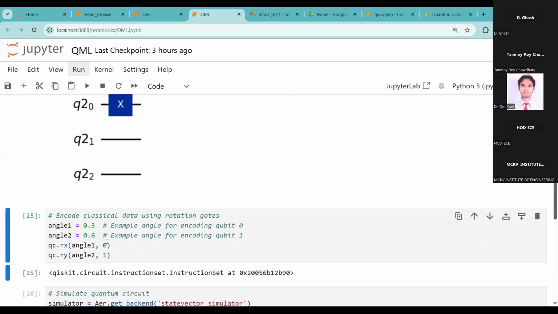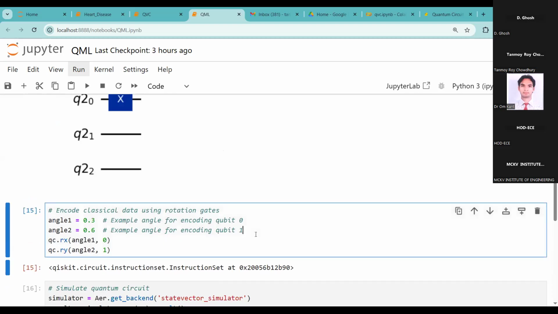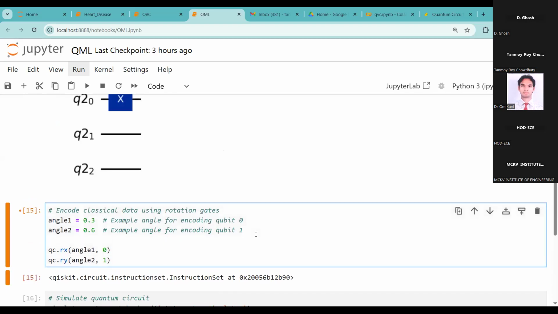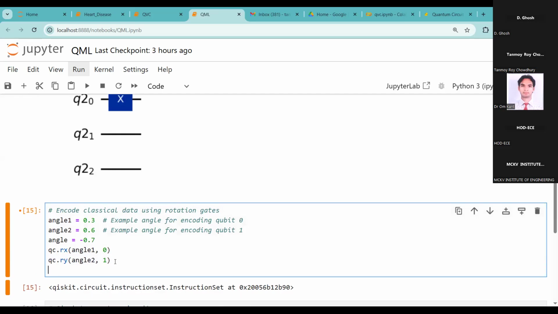And if I say I want to have a separate angle, let's say an angle equal to minus 0.7, and I wish to have this on the 3rd qubit.